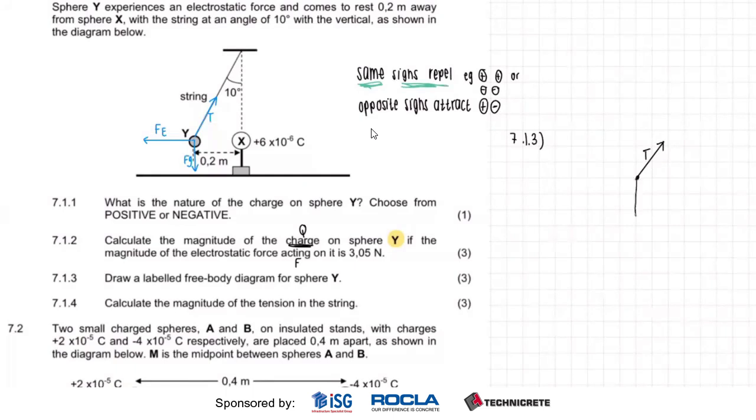We have the force of gravity pulling us down, and then we have the electrostatic force pulling us to the left, away from X. Okay, that is our free body diagram.